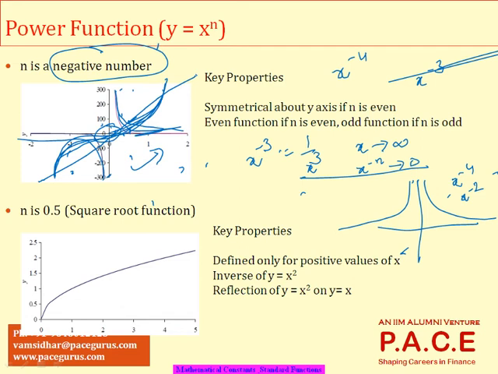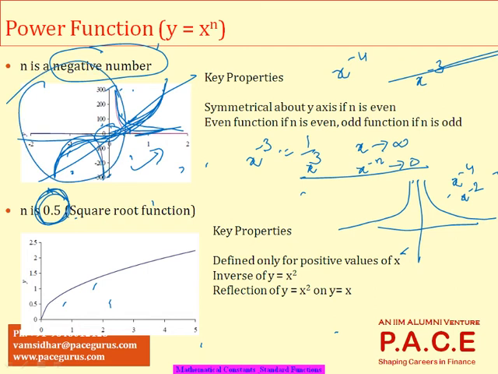Now the fourth scenario is, what if n is not an integer, but like a square root, which is like 0.5 kind of stuff. What we will typically observe is that this becomes an increasing function as x increases, and because the square root is not defined for negative numbers, we will not find anything for negative values of x.